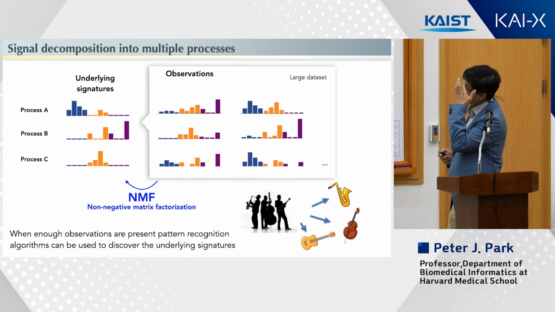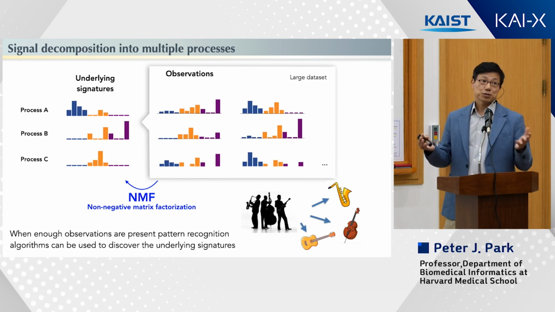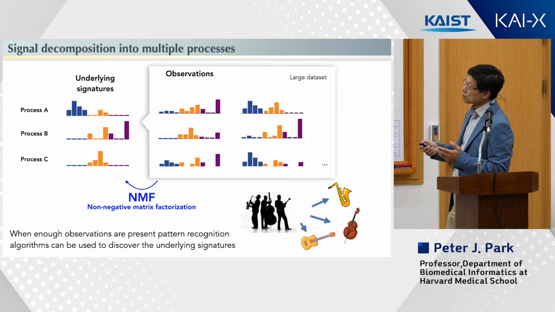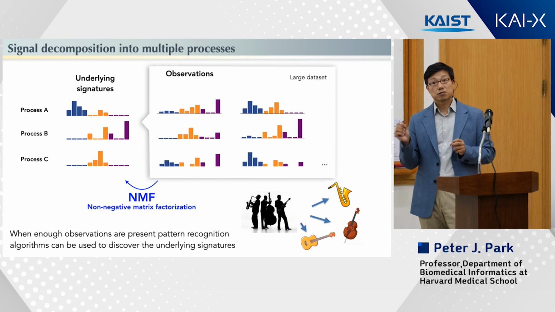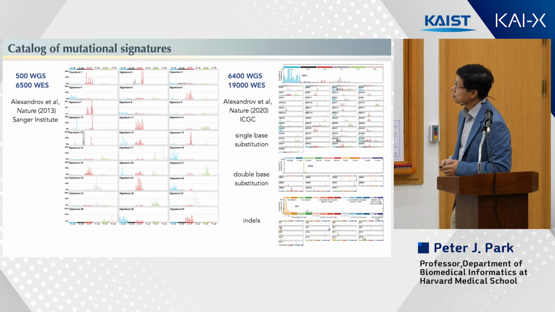Okay? So it's called non-negative matrix factorization. I'm sure in your sophomore or freshman class, you've learned matrix factorization. This looks fancier only because of this non-negative part. Okay? It's non-negative because each of these processes should have a positive coefficient, right? So that's the only complication.